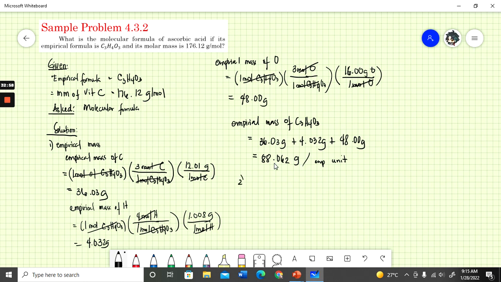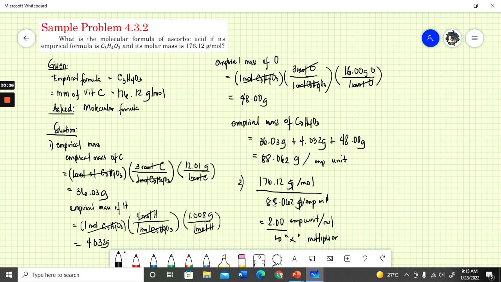So for number 2, you take 176.12 grams per mole and divide that by 88.062 grams per empirical unit. This gets cancelled, and you are left with about 2.00 empirical units per mole. So this is now your X. This is your multiplier.